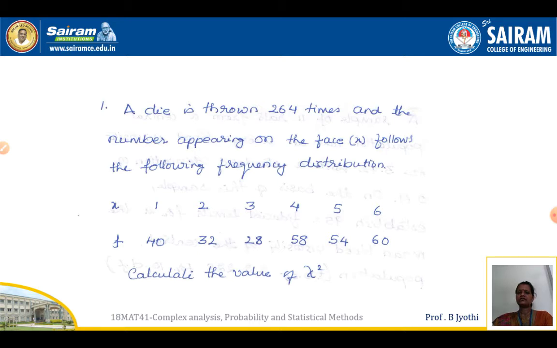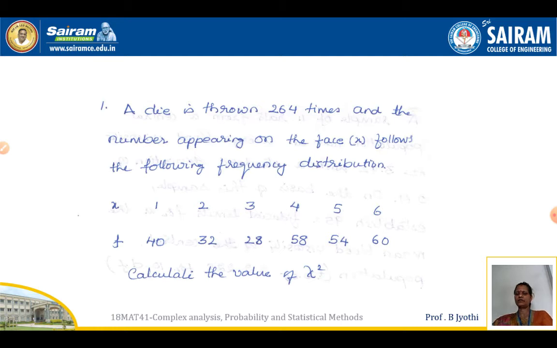A die is thrown 264 times and the number appearing on the face, X, follows the following frequency distribution. X is 1, 2, 3, 4, 5, 6, the number appearing on the face of a die.